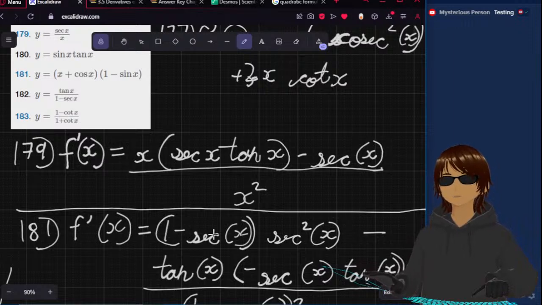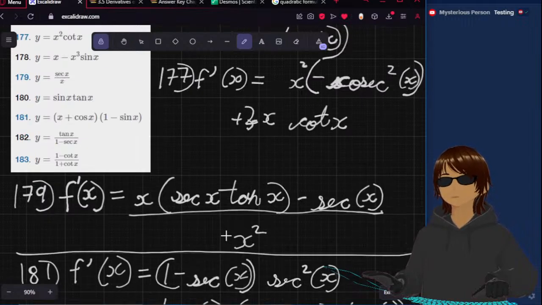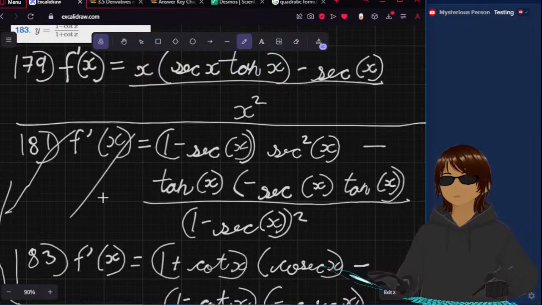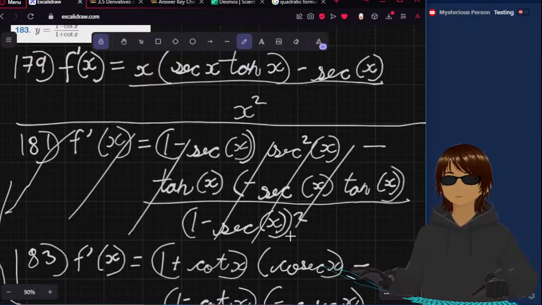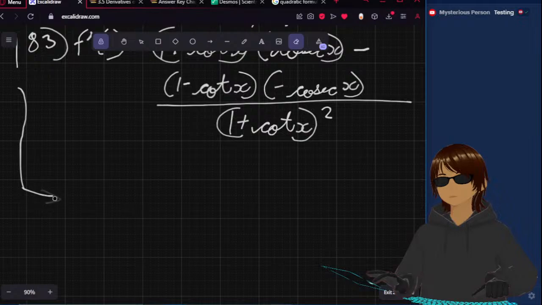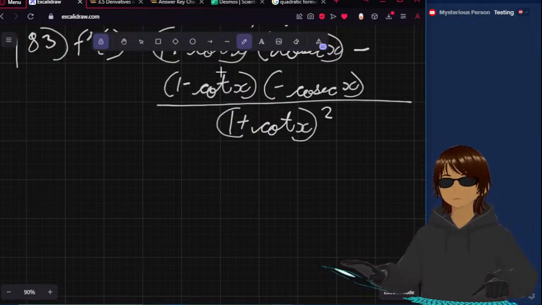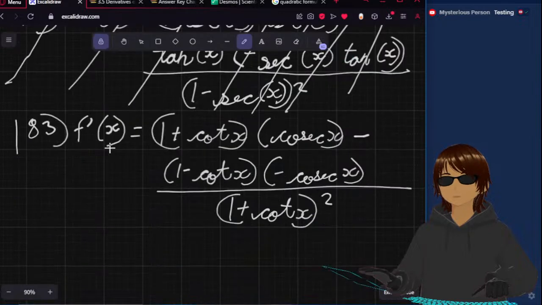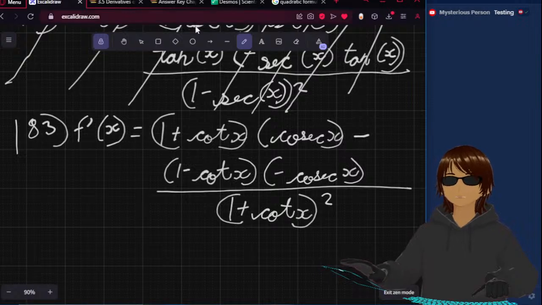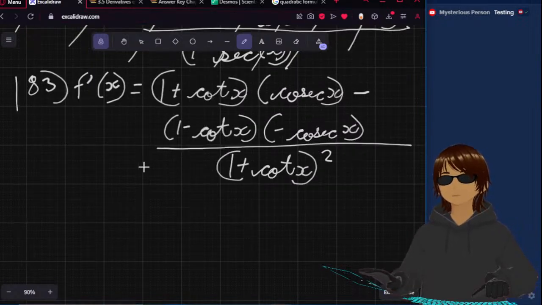Derivative of the first. Yeah, why does it say sec? Oh, actually, I accidentally did 182. So scratch this. What's 183? Is that correct? Okay, I'm not simplifying that. Let's do 181.